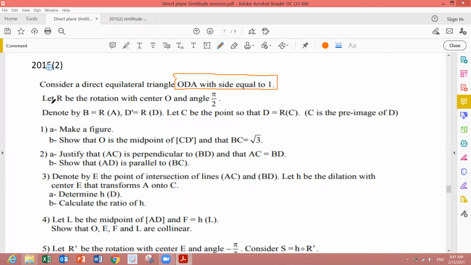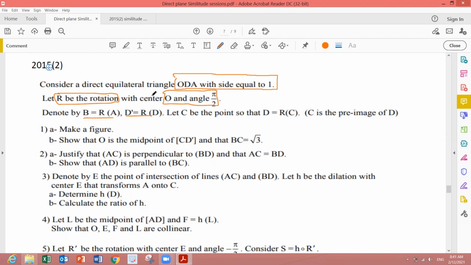We have a rotation R with center O and angle pi over 2. B is the rotation of A and D prime is the rotation of D.